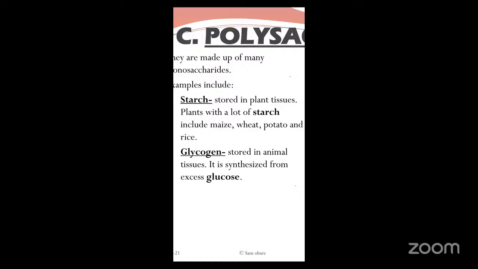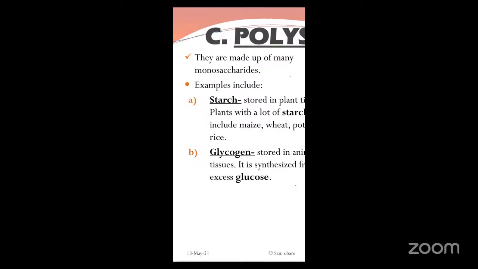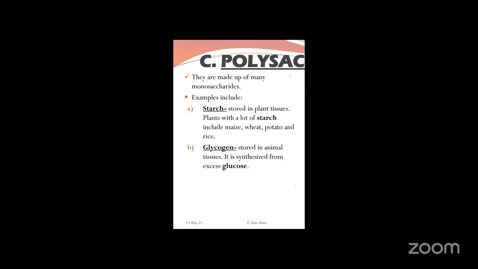Then we have another example of a polysaccharide, which is glycogen. Glycogen is found in animal tissues. It is very important that you note these two things: you find starch in plant tissues and you find glycogen in animal tissues.